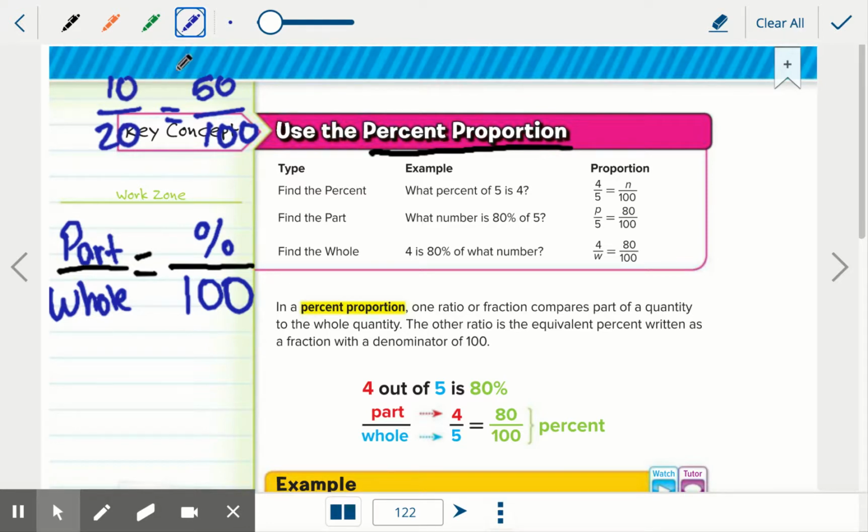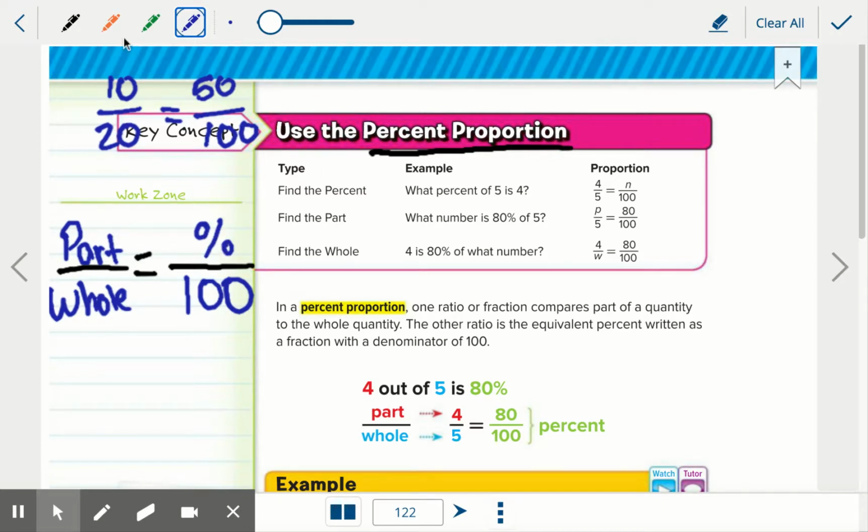That's great. We know that. This is why the percent proportion works. Now, what we're going to be learning today is what happens if we're missing what it's out of, the whole, or what happens if we're missing the percent. How do we find those missing pieces?